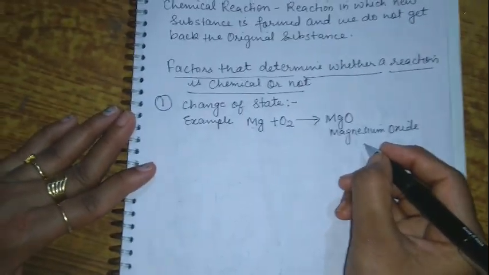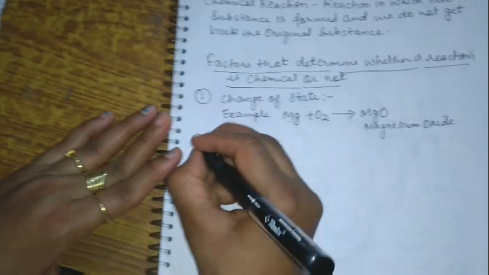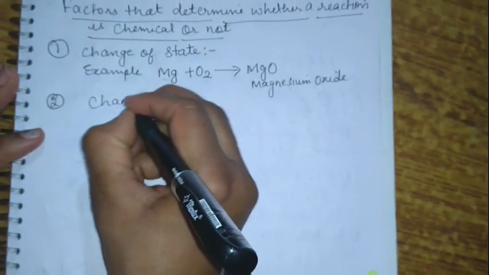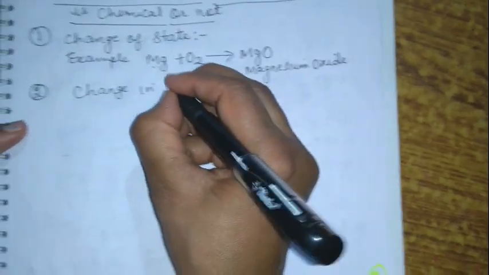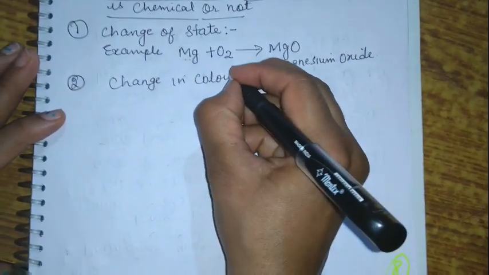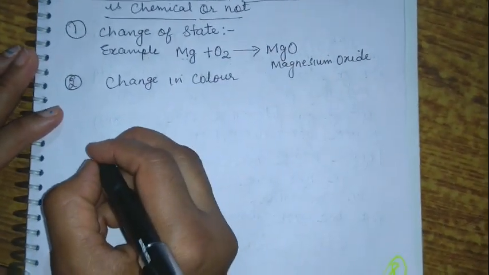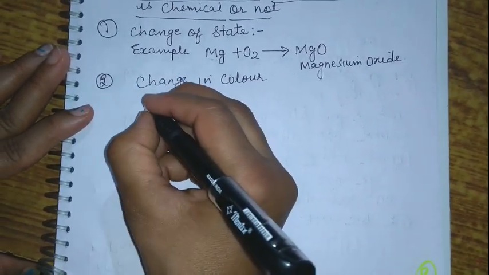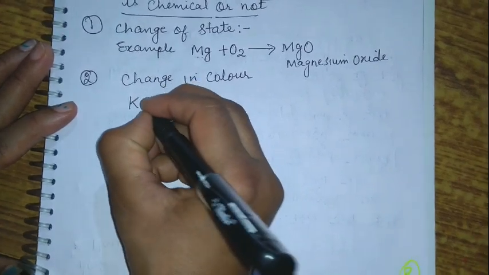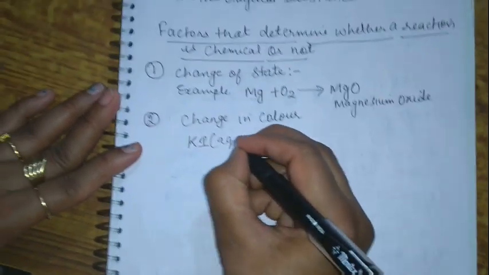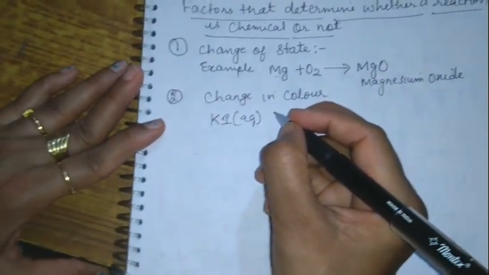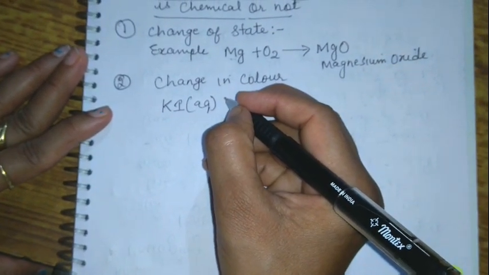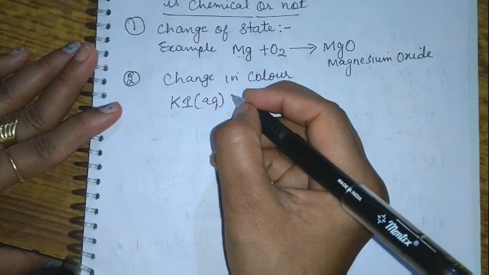Okay. Now, number 2, change in color. कलर में अगर कोई रिएक्शन में कलर चेंज है, that means it is also a chemical reaction. For example, when potassium iodide in aqueous means, children, aqueous means the solution which is made in water. Solution made in water is known as an aqueous solution.